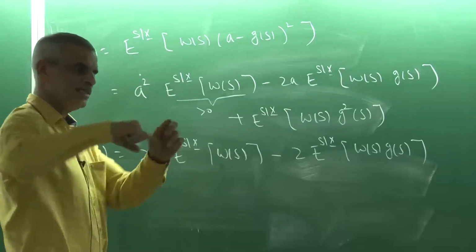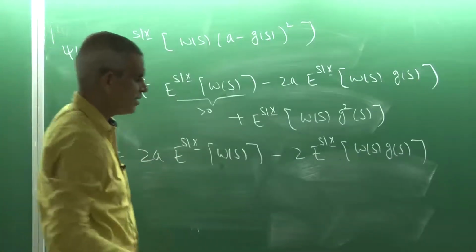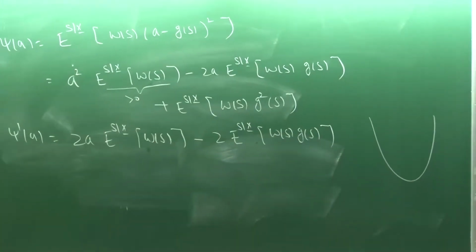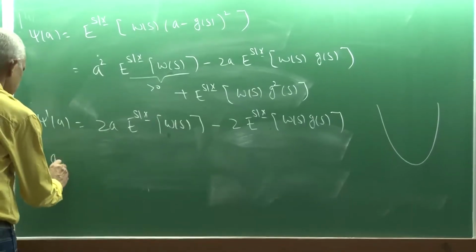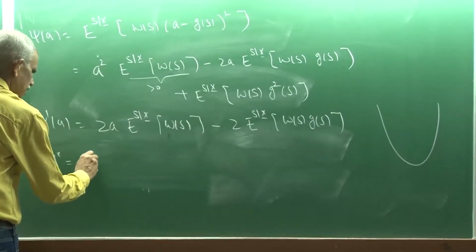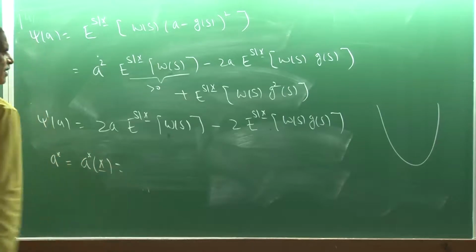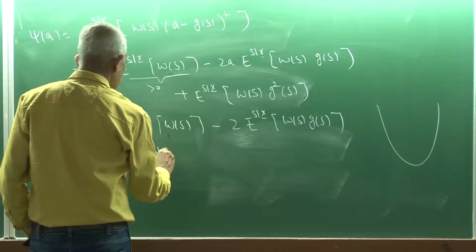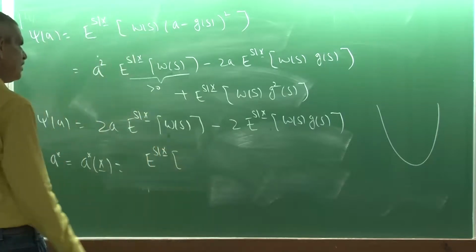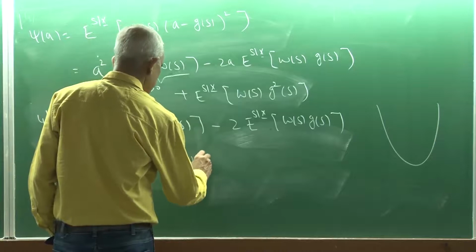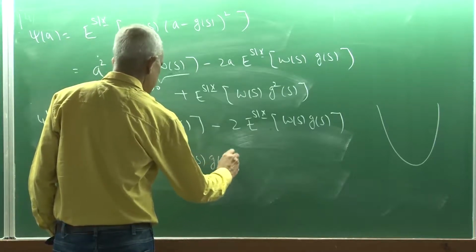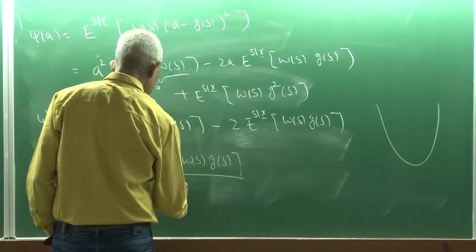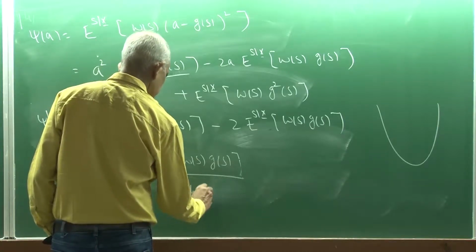That means it is increasing after A something, before that it is decreasing. So, it is going to be like this. So, the minimum would be where this quantity is 0. So, A star, denoted by A star x, turns out to be, this is 0 if A is the same as this divided by this. So, this is E of S given X of Ws Gs divided by E of S given X of W of S.